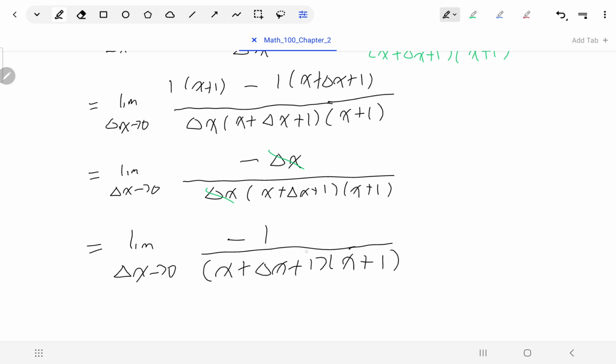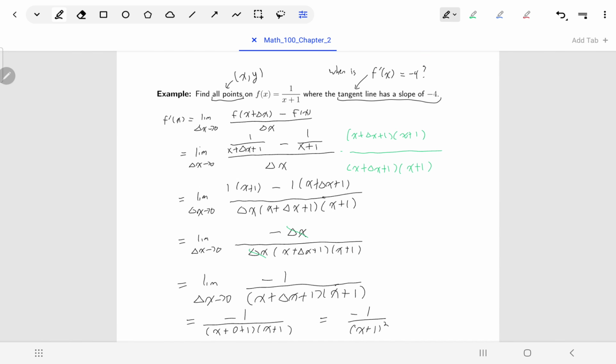And for the denominator, I will have x plus 0 plus 1 and x plus 1. Or if I felt like simplifying it a little further, I would have negative 1 over x plus 1 all squared.